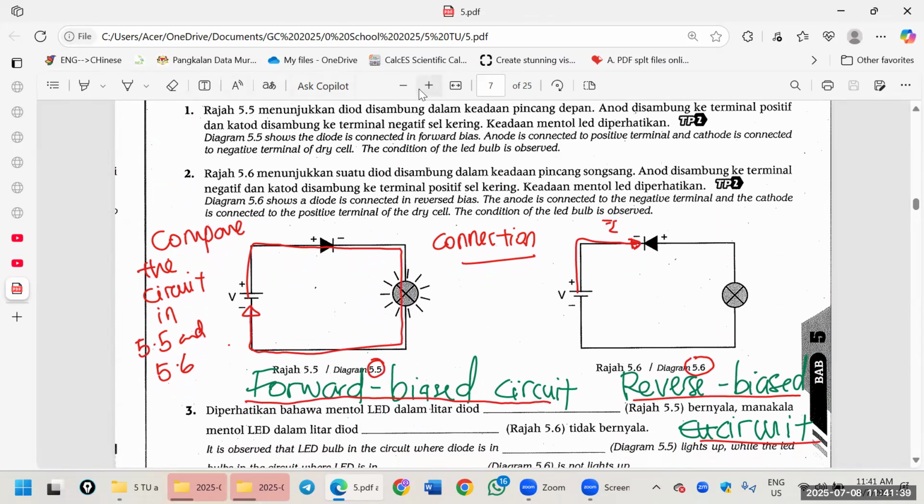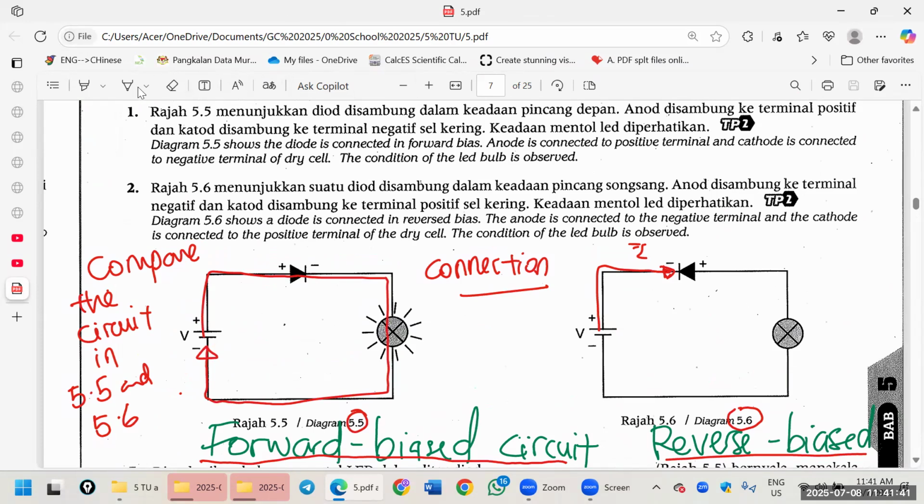Actually it's here. 5.1 shows a diode connected in forward bias. We say the anode is connected to the positive terminal and the cathode is connected to the negative terminal of the dry cell.